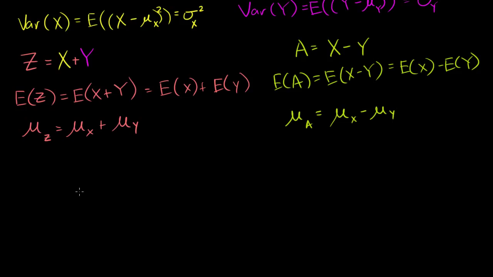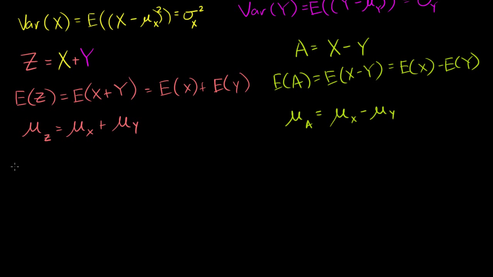If x is completely independent of y, and if I have some random variable that is the sum of the two, then the expected value of that new variable is going to be the sum of the expected values of the other two, because they are unrelated. If my expected value here is 5 and my expected value here is 7, it's completely reasonable that my expected value here is 12, assuming that they are completely independent.